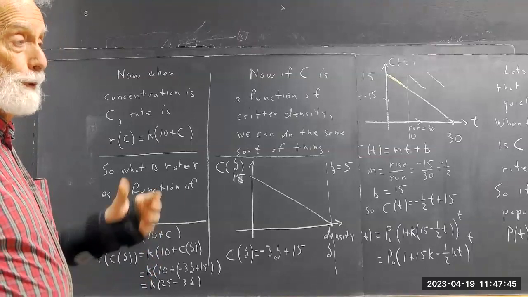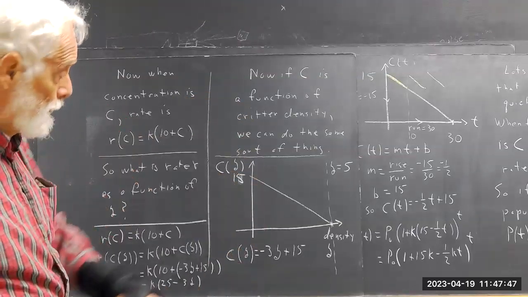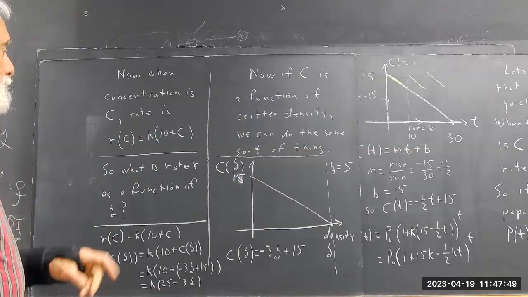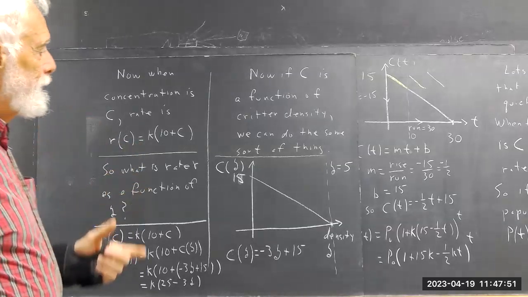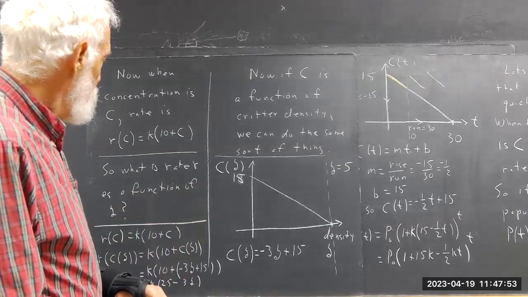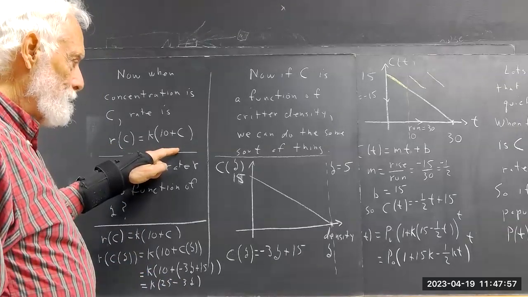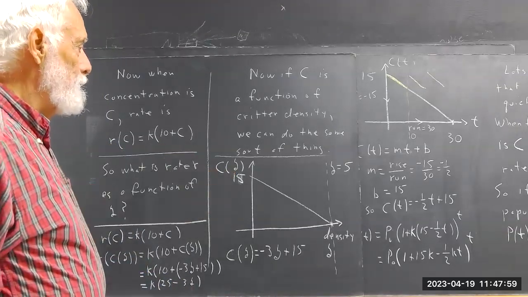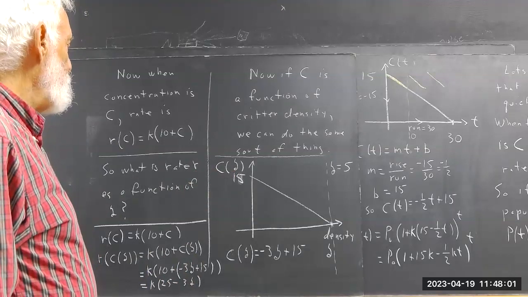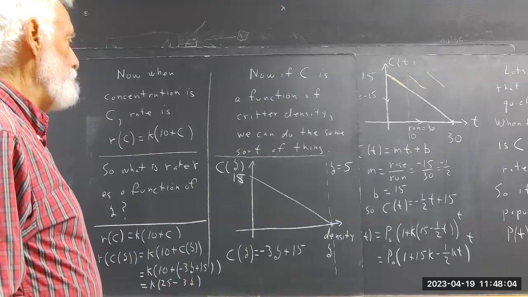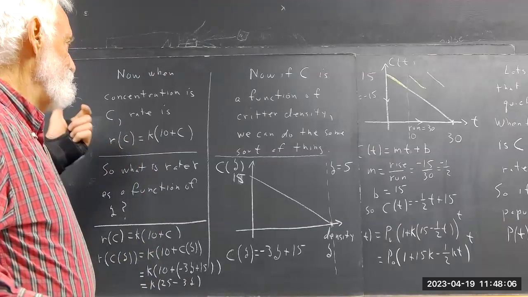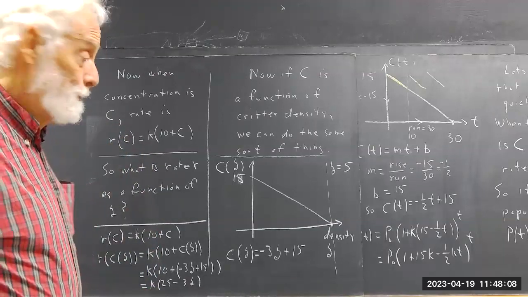They wouldn't be producing as many, and the population would tend to tail off. So we want to say that this applies as long as C of delta is greater than 8.